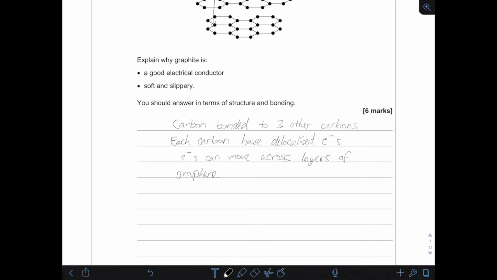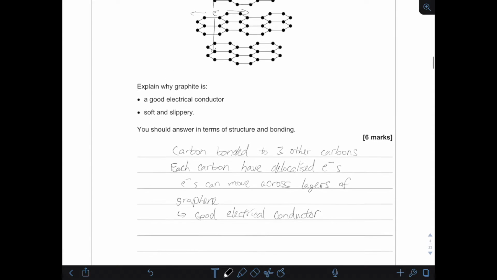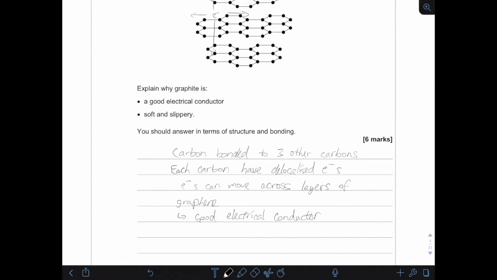So that's why it's a good electrical conductor, right? So that's the first 3 marks.